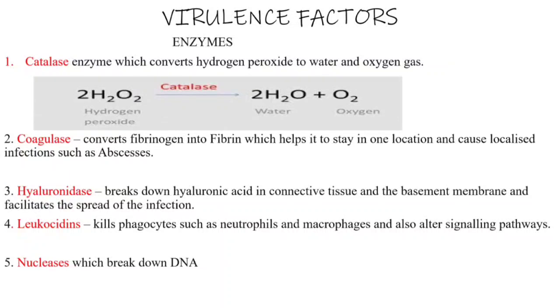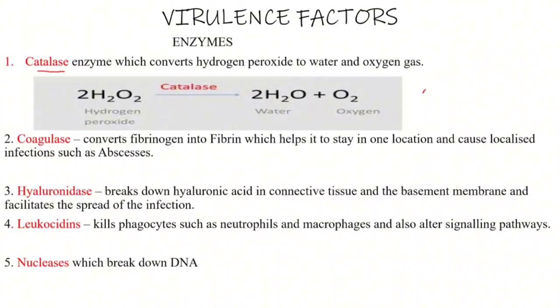So Staph aureus produces this enzyme catalase, which breaks down hydrogen peroxide into water and oxygen gas. And when this test is performed in the lab, you see bubbles, and that's a confirmation that the species is catalase positive. The bubbles are due to the oxygen gas that is being produced.